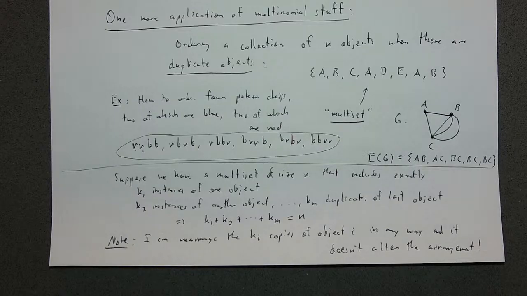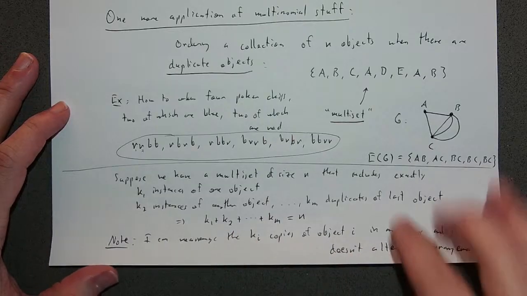So then how many times does each distinct ordering of the items occur?